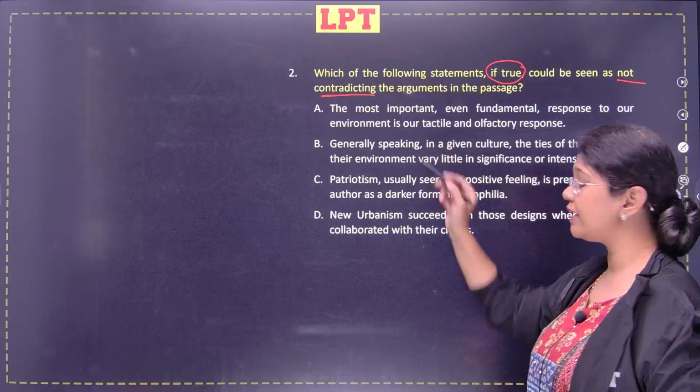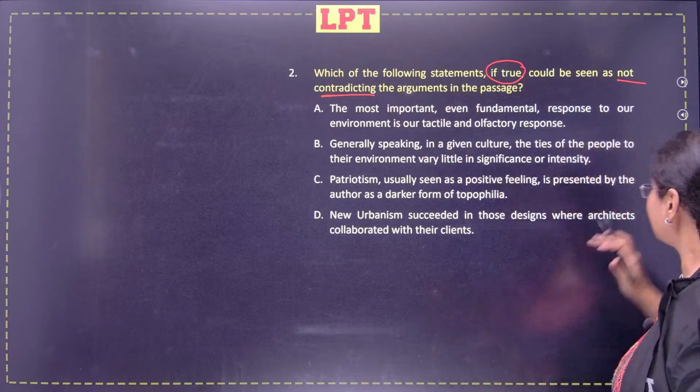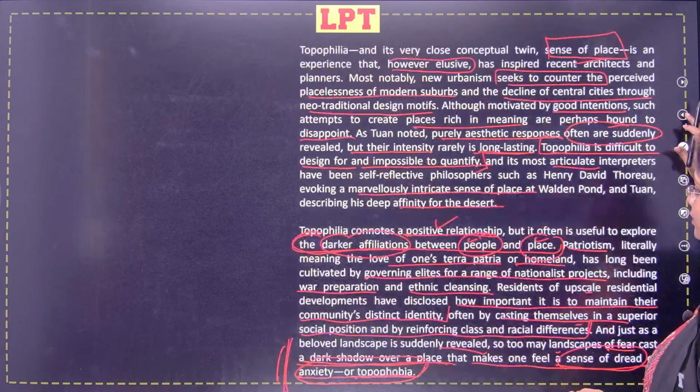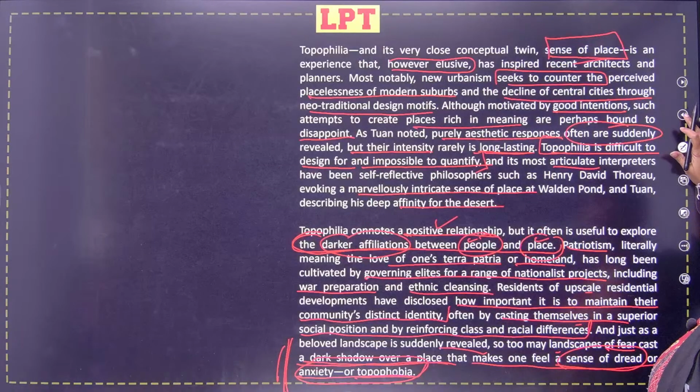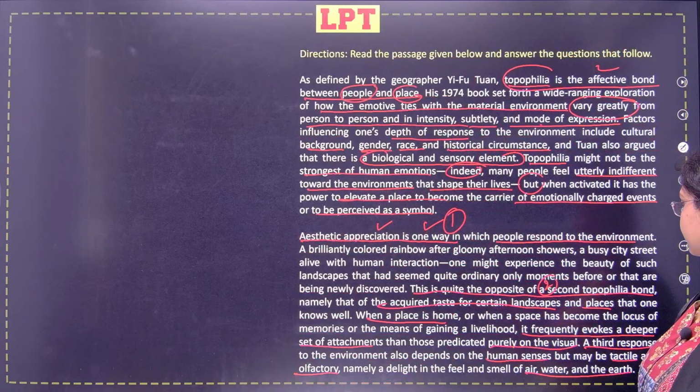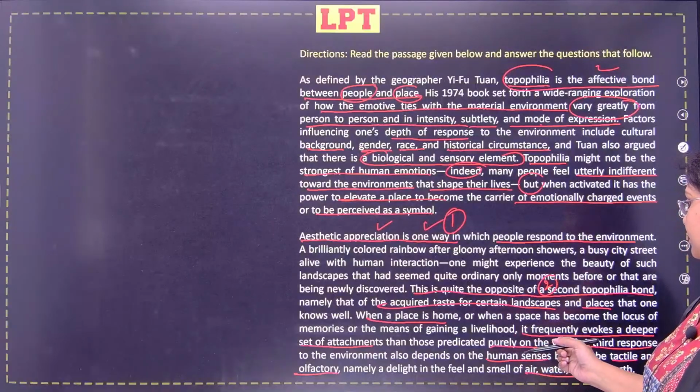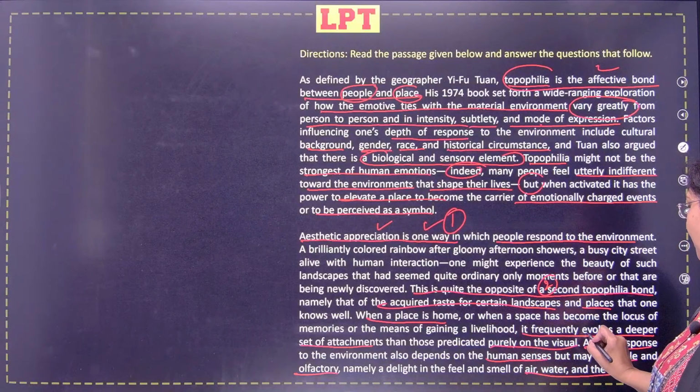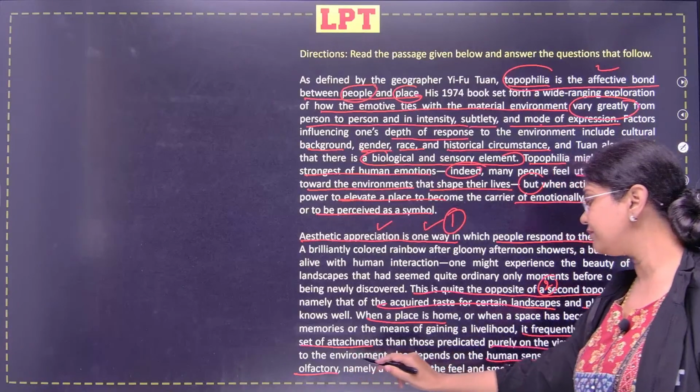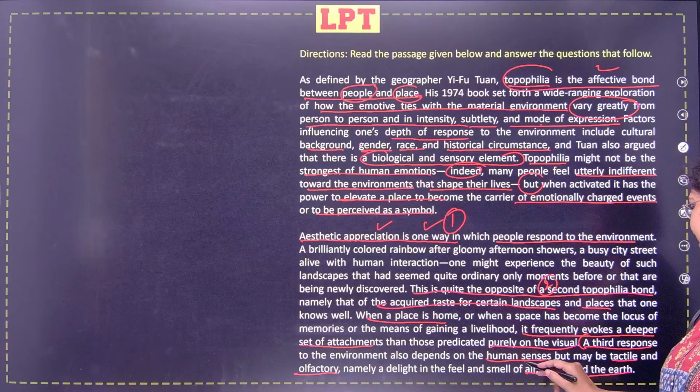Well, if you go back to the passage here, let's go back. It talks about a third response to the environment that also depends on the human senses, but may be tactile and olfactory.